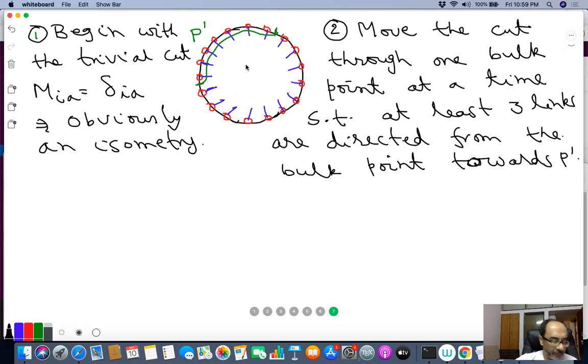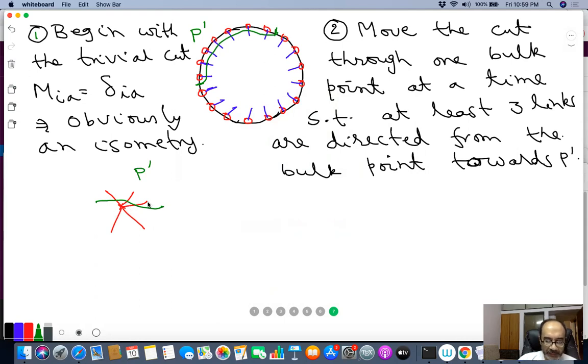Let me describe the first step by an example. From a bulk point, you remember that there are 5 links coming out, because one input comes from the bulk point itself, and then there are five links. Suppose you have a situation like this. Suppose the original cut was going like this. P prime is on this side, and this side is the bulk.